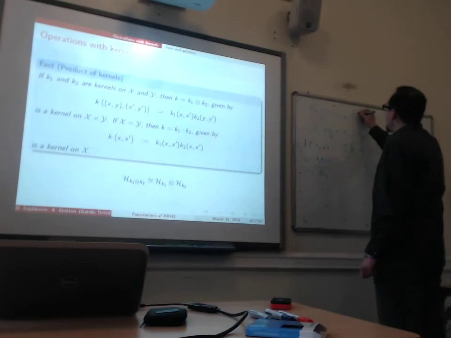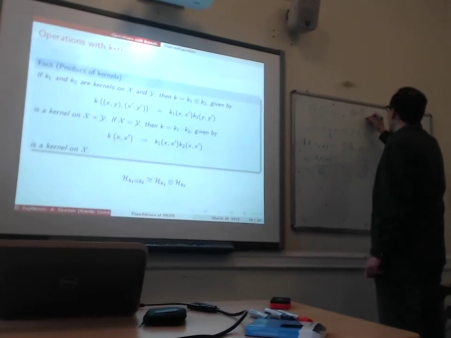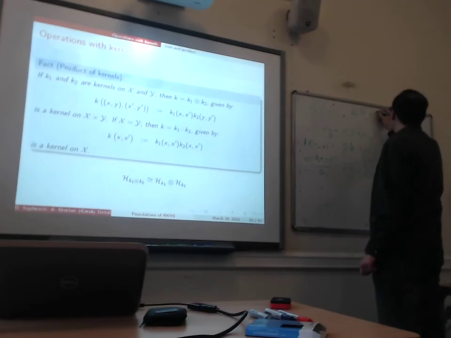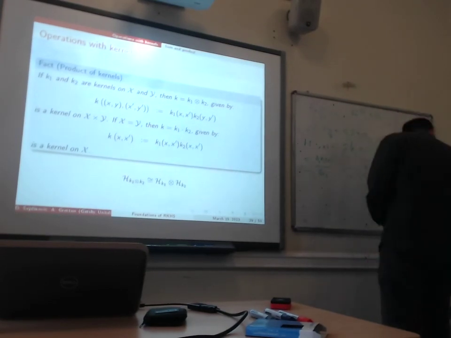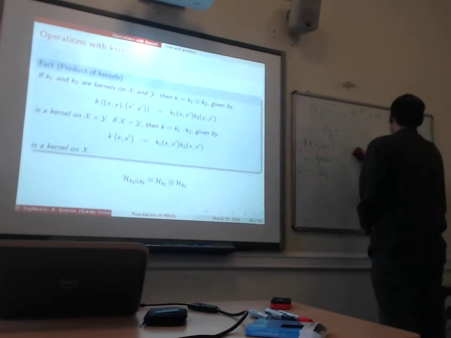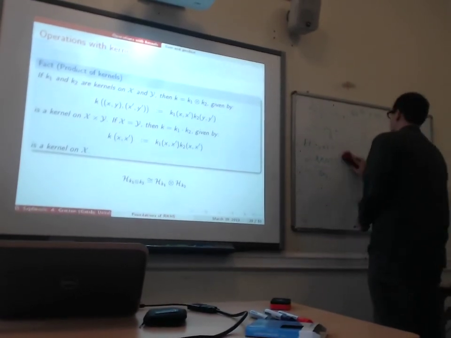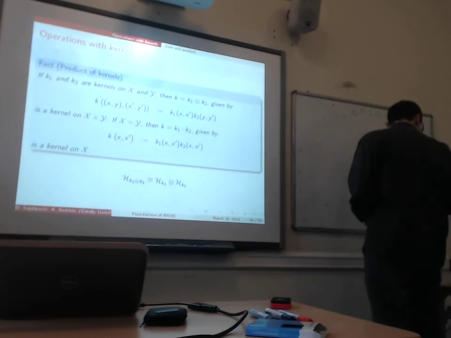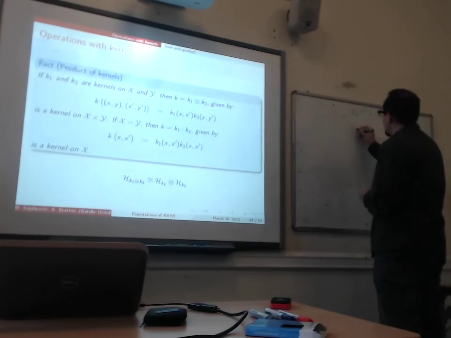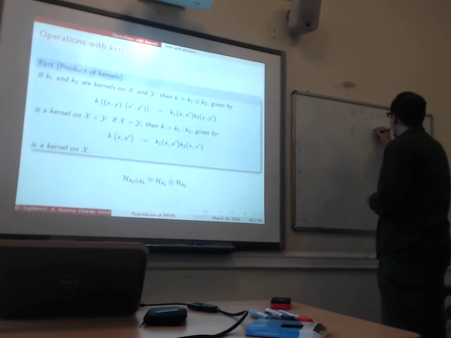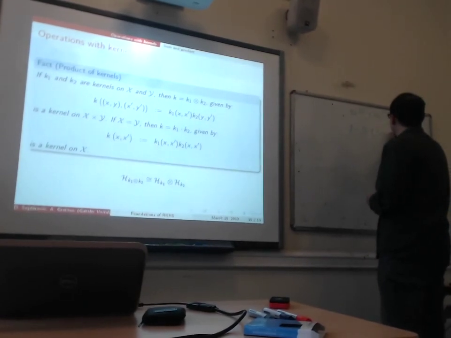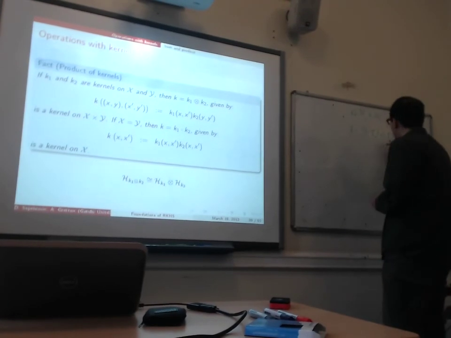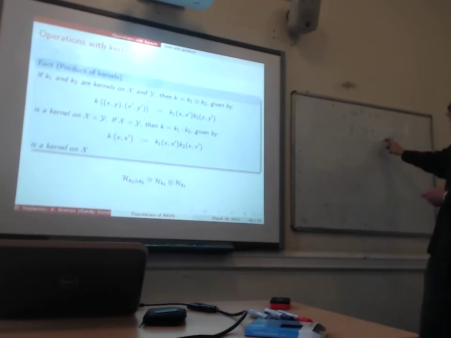It just says that if I have this f in the tensor product of H_k1 and H_k2, this means that I can write f as a sum of products of functions f1(x) and f2(y), where f1 is in H_k1 and f2 is in H_k2.